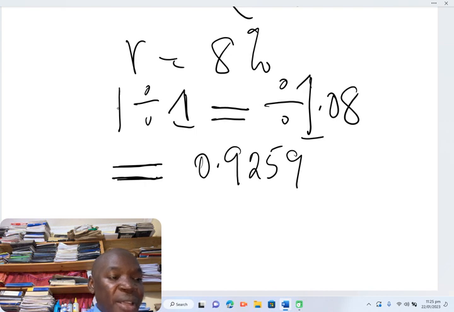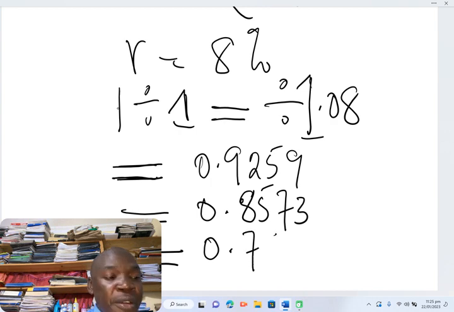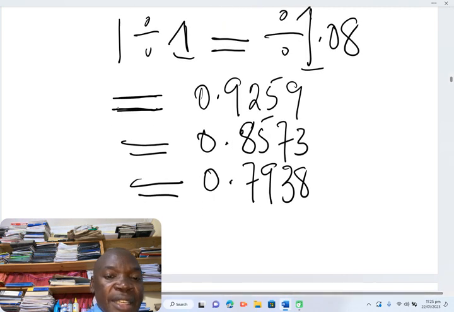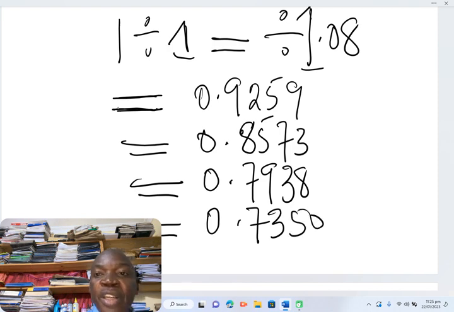The second equal sign gives 0.8573. The next equal sign gives 0.7938. The next gives 0.7350.